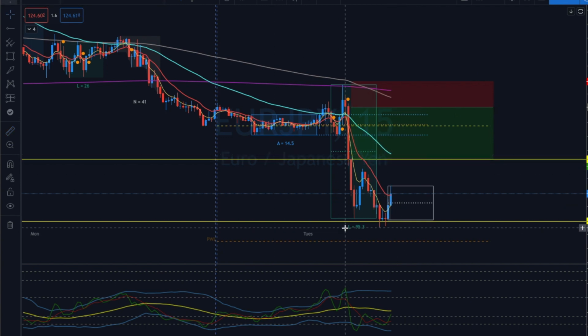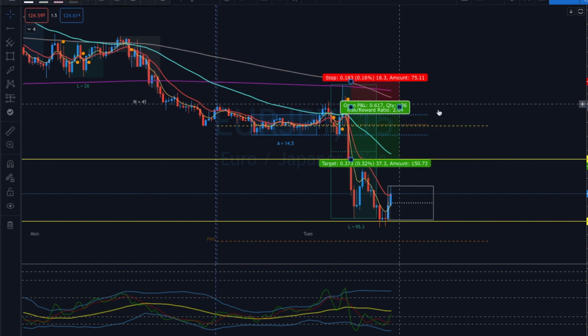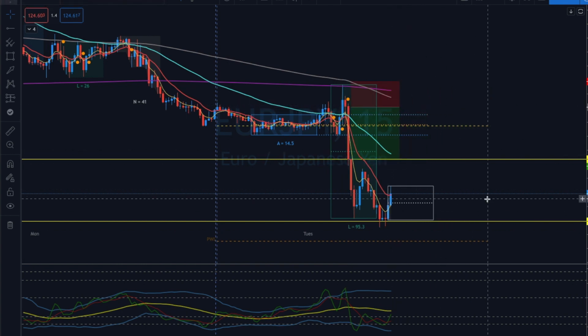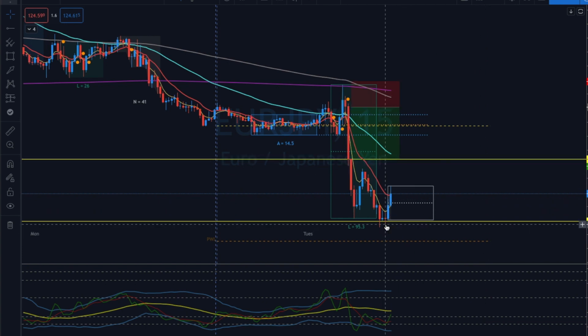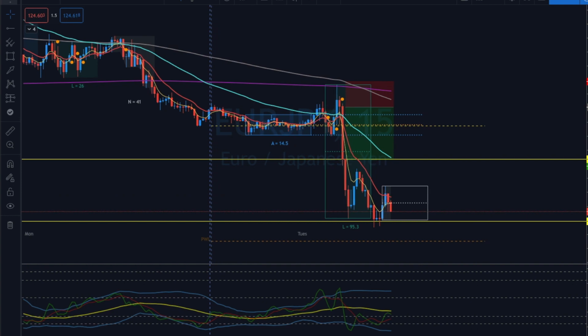Okay, so that's a 1-to-1 risk-to-reward ratio, and that's not a risk-to-reward ratio that I like to take. So in this case, I would skip that particular trade setup to the 50 because I'm just not willing to risk 25 to get 25. That's a 1-to-1. That's not something that's in my trading plan. So I wouldn't risk it.